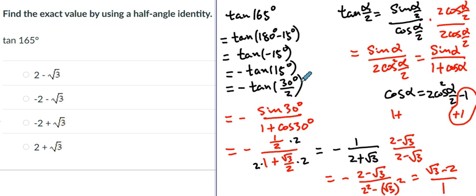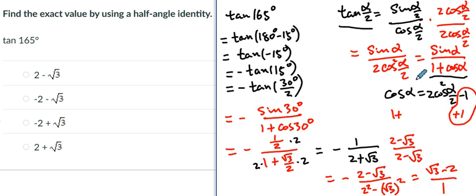If we remember the half angle formula, this can be done quite quickly. If you remember tangent alpha over 2 equals that, that's the half angle formula.